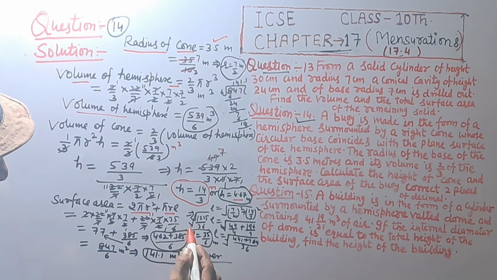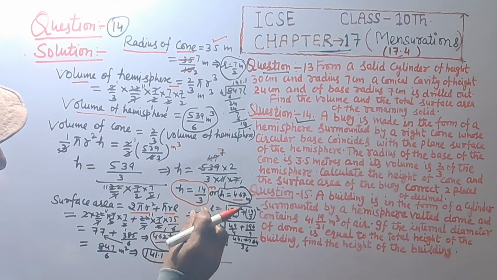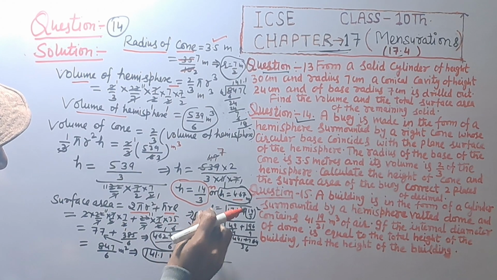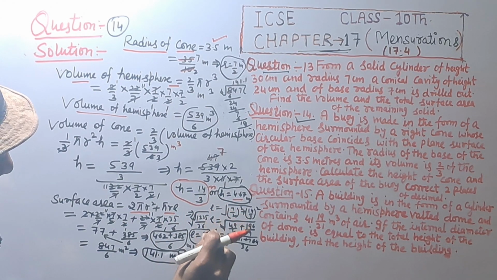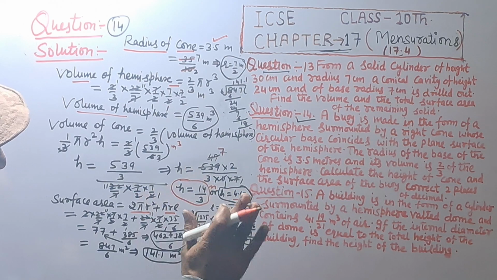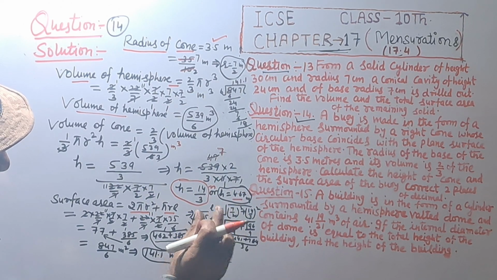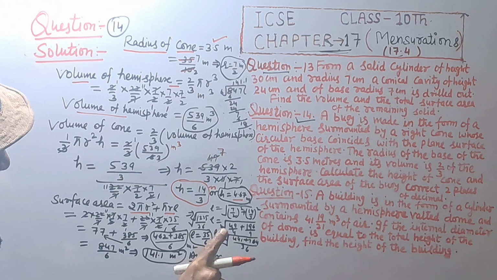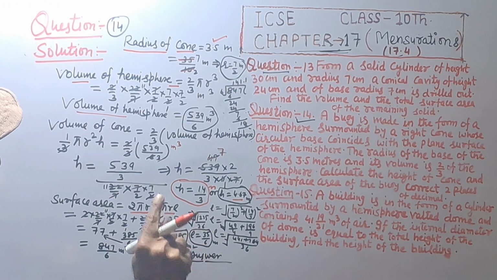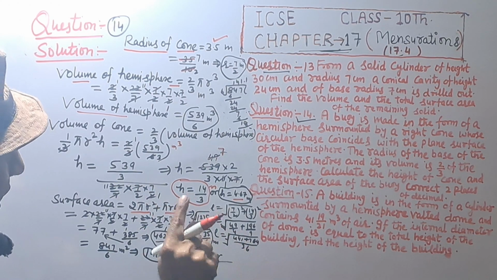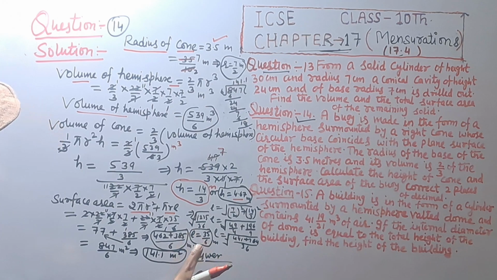Slant height L is equal to the root of 1225, which is 35, and the root of 36 is 6, since 6 raised to power 2 is 36. So slant height is equal to 35 upon 6 meter.